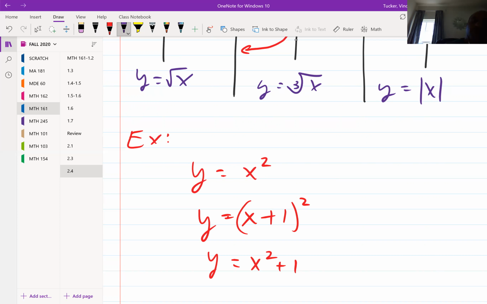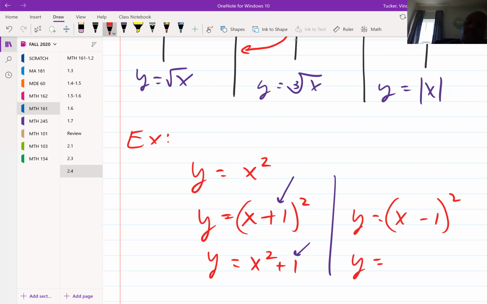The 1 being inside of the square versus outside of the square is going to cause it to shift up, down, right, or left. Just like if you were to have (x minus 1) squared versus x squared minus 1. That minus sign is going to do something different versus the plus sign. That would be what you would do for this section of the assignment.